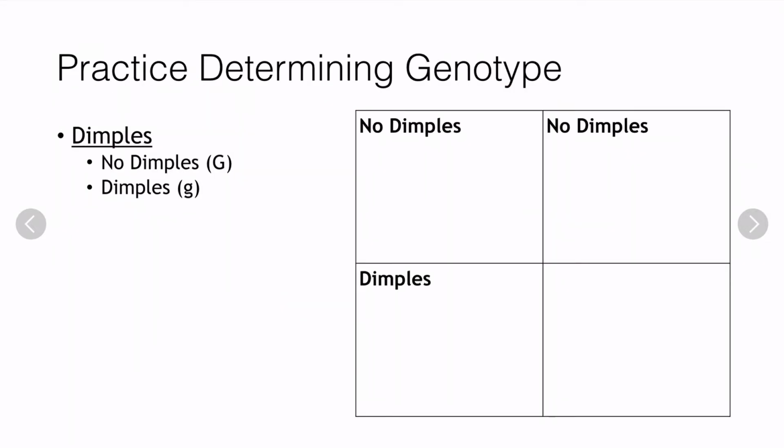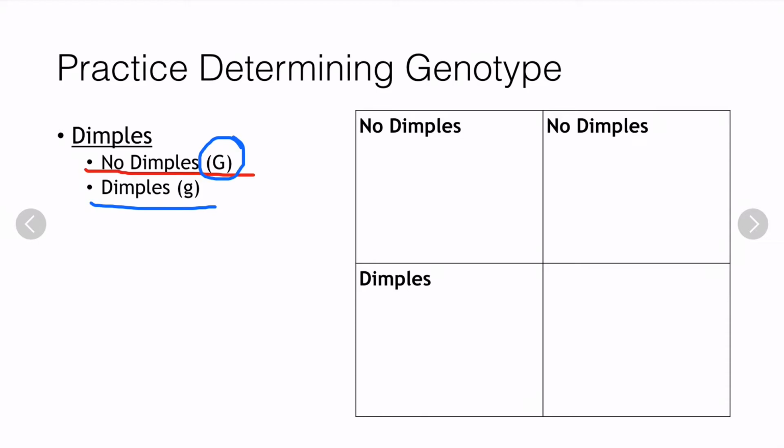Now let's practice determining the genotype based on the phenotype. So it is dominant to have no dimples, and it's recessive to have dimples, which means you have to get two recessive alleles in order to get dimples. Well, there's two possible genotypes for a human that has no dimples, okay? Remember, principle of dominance. If there's at least one dominant allele, then that will be expressed.